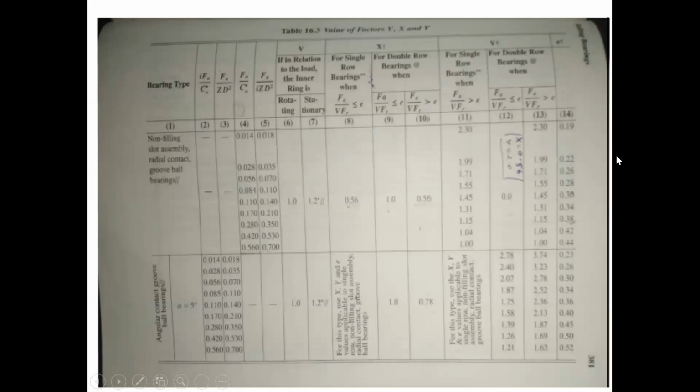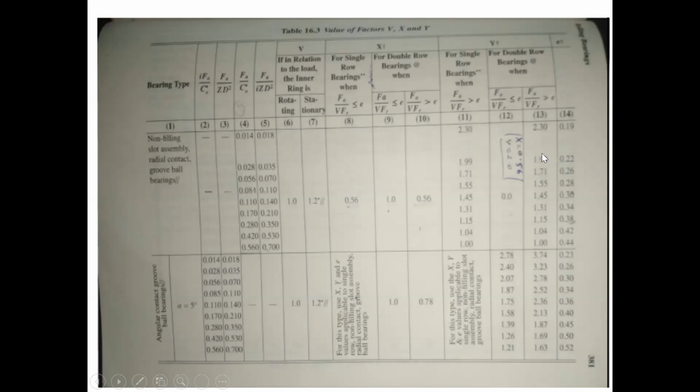So suppose we have Fa upon C naught equal to 0.028. The corresponding value of e is 0.22.